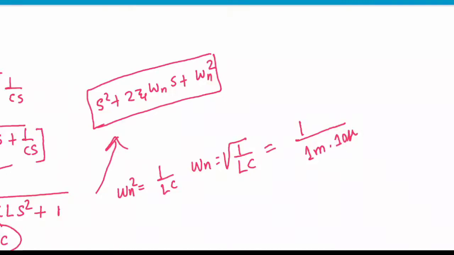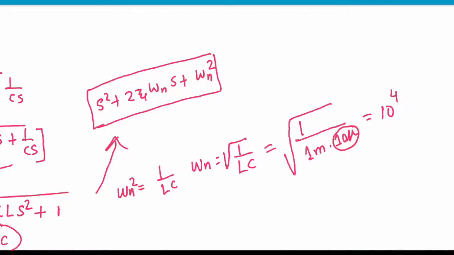Milli means 10 to the power minus 3 and micro means 10 to the power minus 6. And here this one is 10. So this will be 10 to the power minus 5 and this will be 10 to the power minus 3. So this will be 10 to the power minus 8, and when it comes to the numerator, this will be 10 to the power 8, and root over of 10 to the power 8 will be 10 to the power 4.